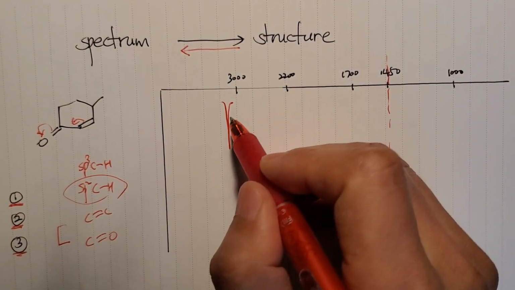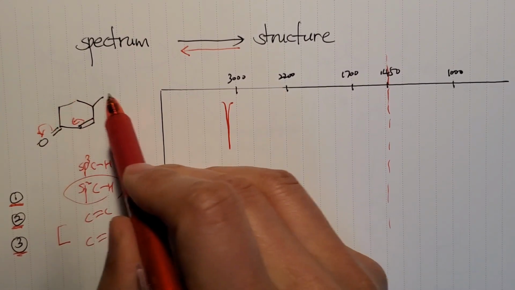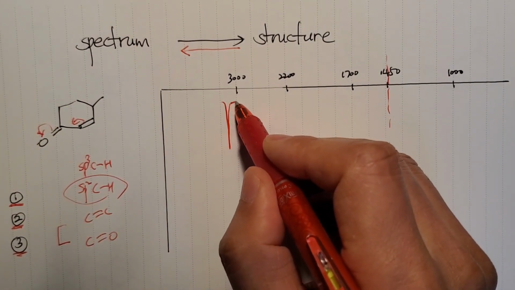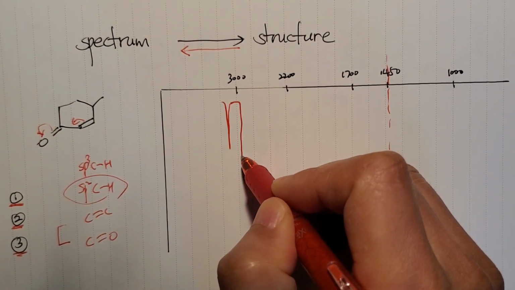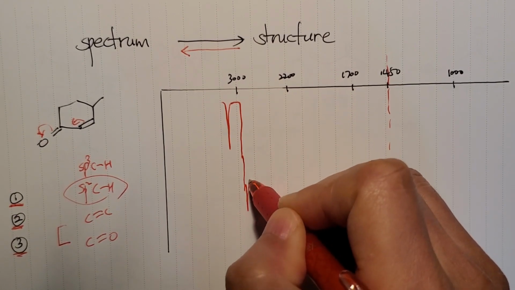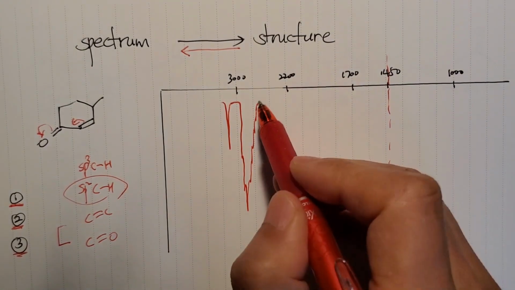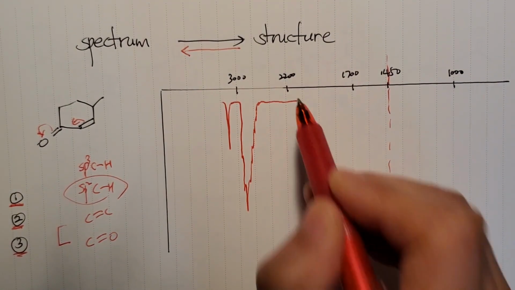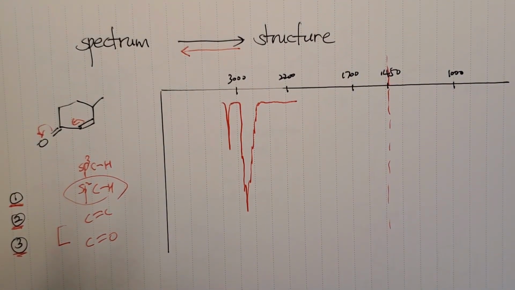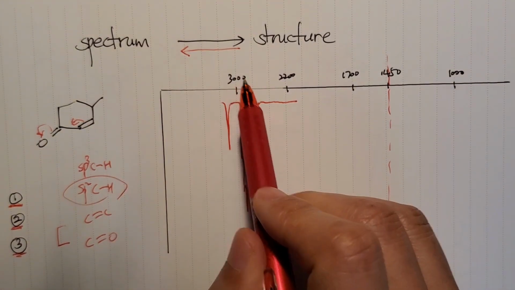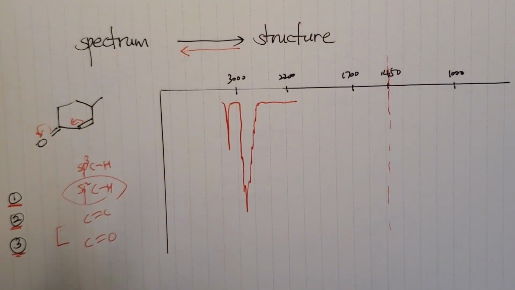Then you have several hydrogens on the sp3, so you want to make it intense, 7 times intense, right? So something like that. And you skip 2200. I hope you noticed that I want to put these numbers first. Those are the essential ones.